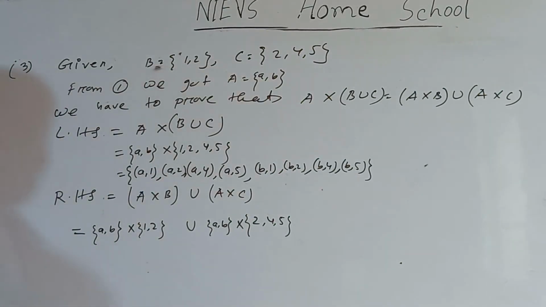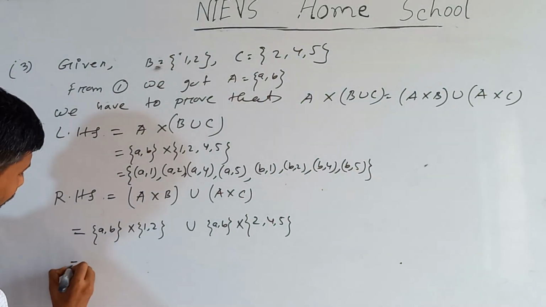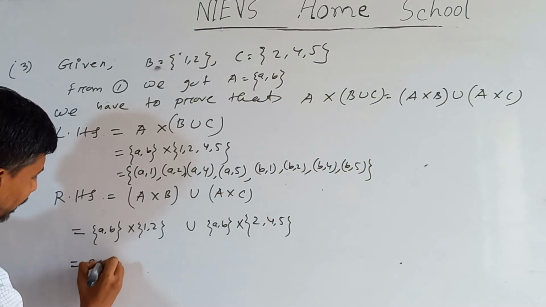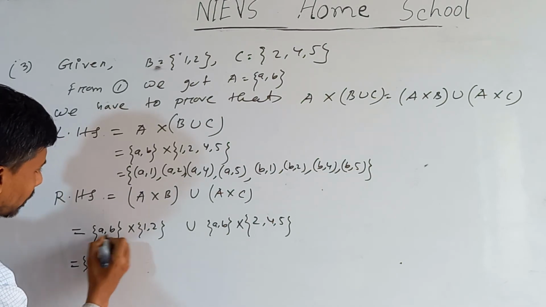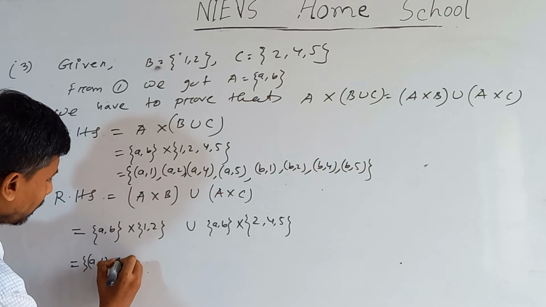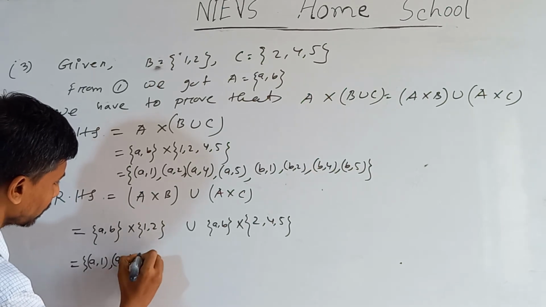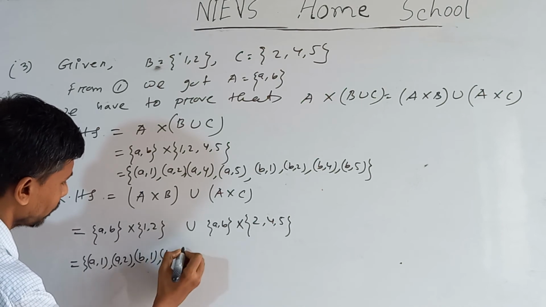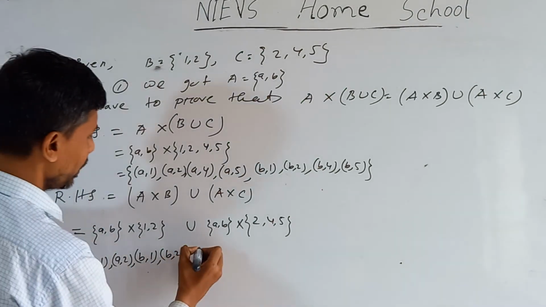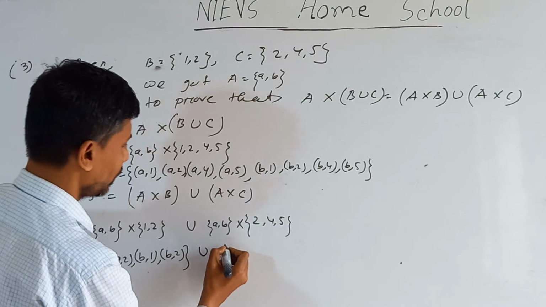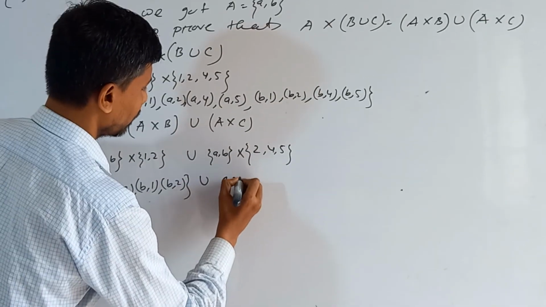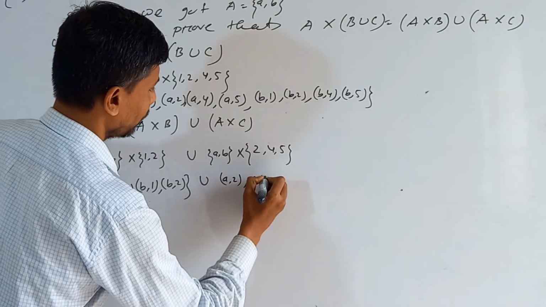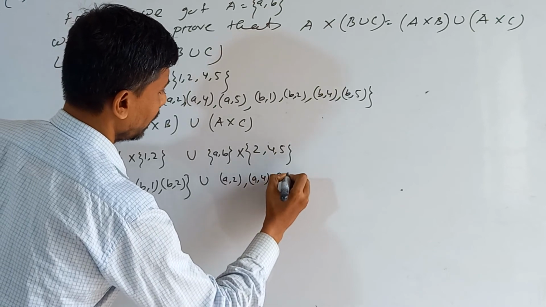Now we have to use cross multiplication: a1, a2, b1, b2. Union set is a2, a4, a5.